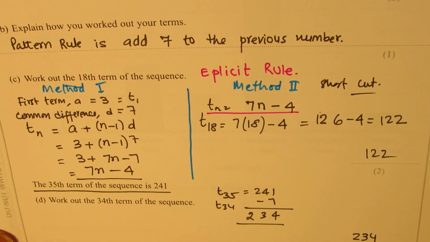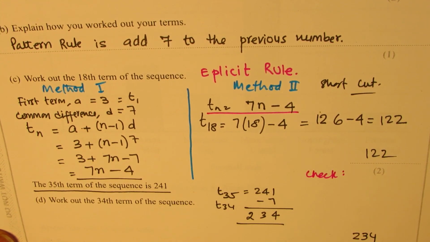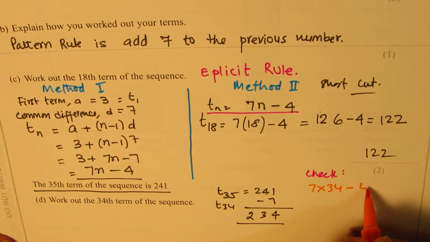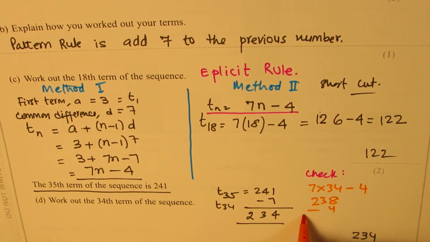So let us check our formula now. So what we will do here is we'll work out the 34th term. So 7 times 34 and then do minus 4. Okay, 7 times 4 is 28. 7 times 3 is 21. 21 plus 2 is 23. From here we'll take away 4.